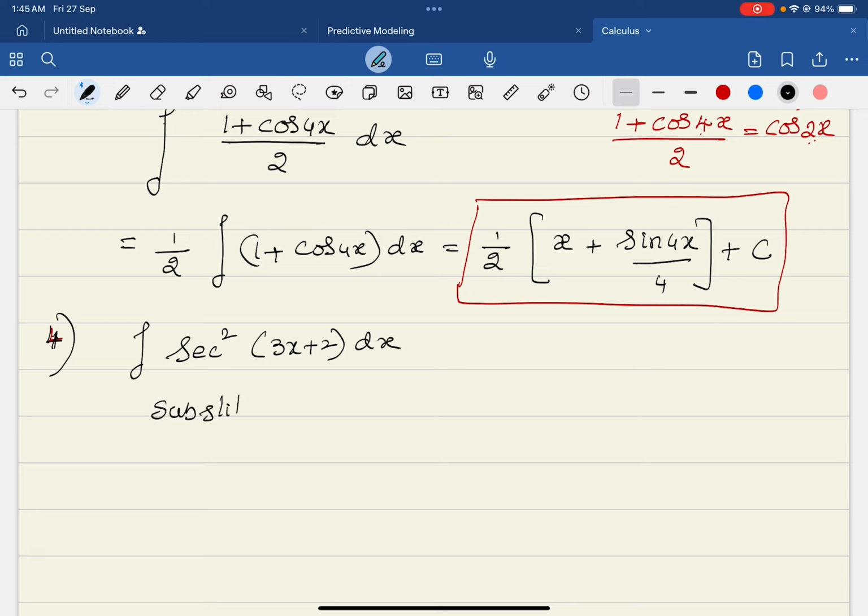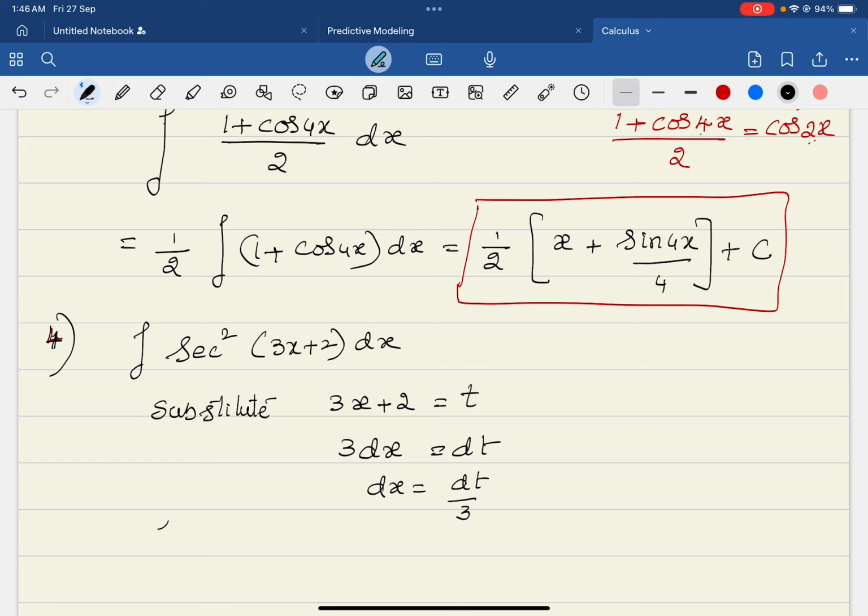The innermost function is 3x plus 2. So substitute 3x plus 2 is equal to t. The derivative of 3x is 3, so 3 dx is equal to dt. Now you have dx, there is no 3 here, right? So divide by 3. That gives you dt by 3.